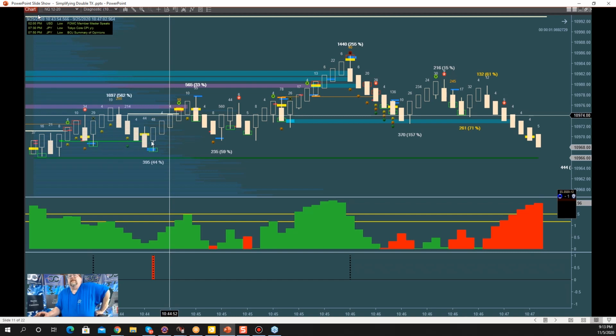So that's why it's called a double TX. Okay, and you can see here that we're going with the direction. Right here the DR is green. This is an up close bar. We can enter this trade and take it up. Okay, that's a double TX trade.